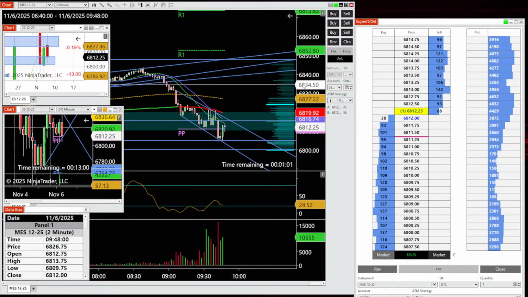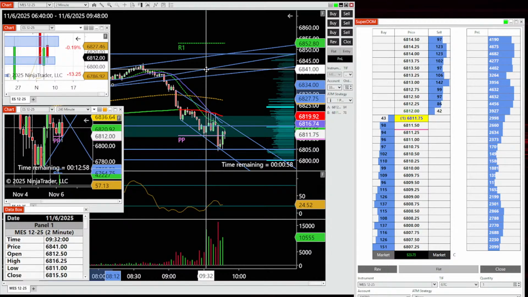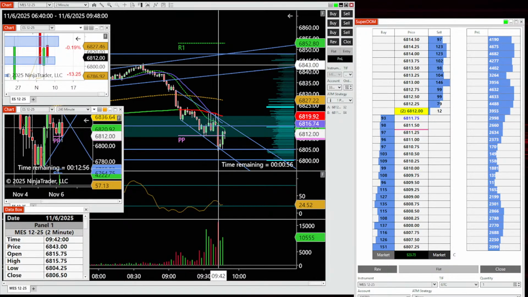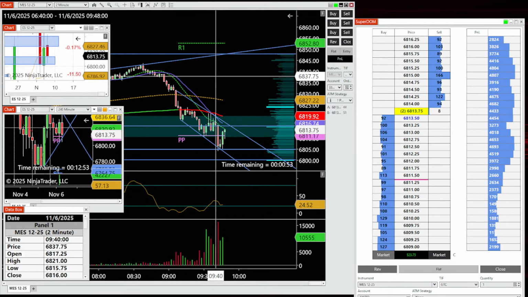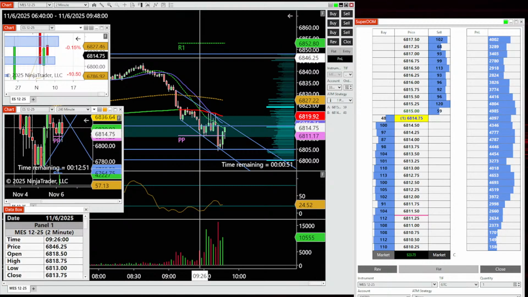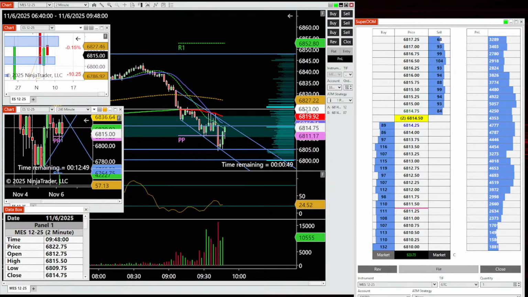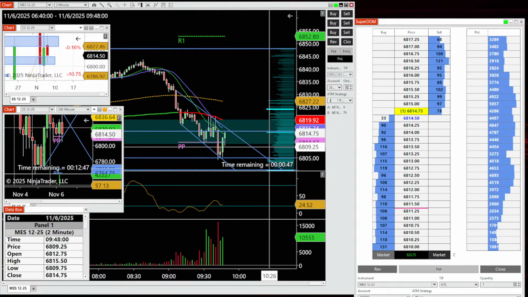We can get rid of some of these trend lines here. These are old. May test them later, but I just want to get a little cleaner chart.